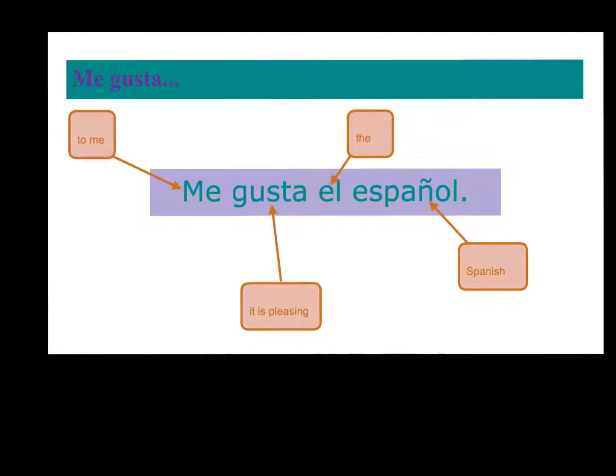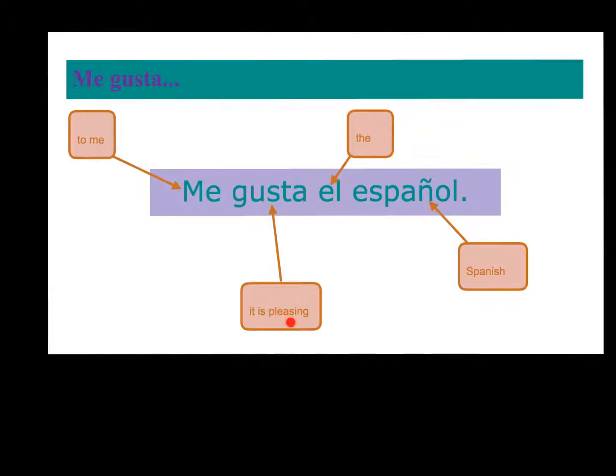It is pleasing to me. The next thing must be the word the, masculine in this case because languages are all masculine, el español. But if it was history, it would be me gusta la historia. And then the noun, the thing that I like. So, I like Spanish is me gusta el español.